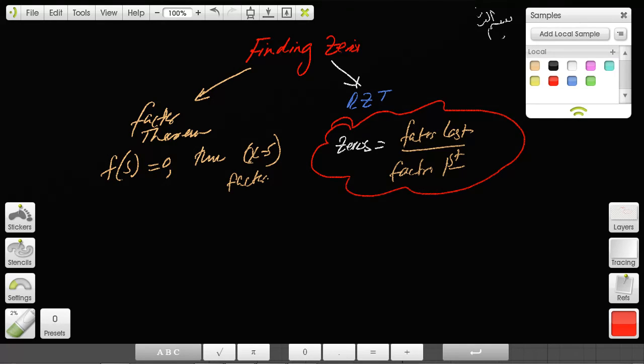And how are you going to try them? You're going to try them one at a time, and whichever one turns out to be 0, that's going to be a zero. So this gives you all the potential candidates, and the factor theorem tells you which one of these candidates is going to work. And that's it. And you can find the zeros for the function. We'll do some examples of this next time.